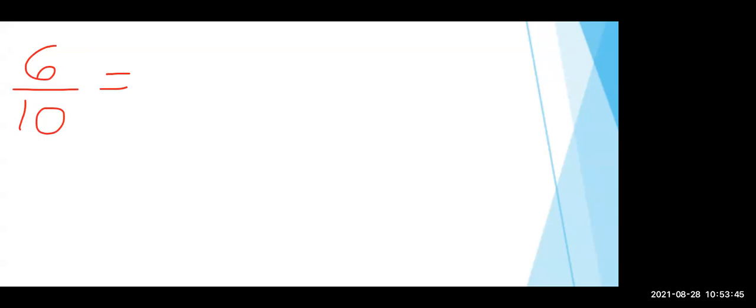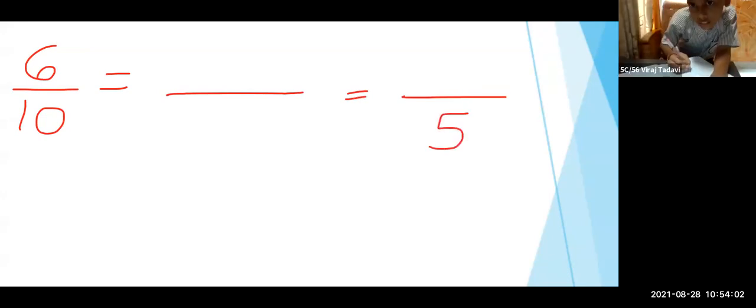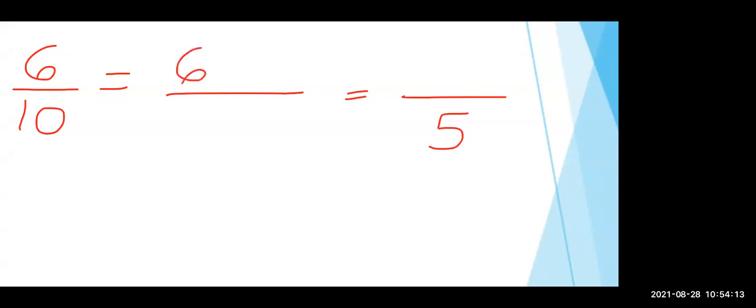First will be 6 upon 10 equal to, then equal to dash upon 5. Okay, tell me the next step. First you will write 6 and 10 here. Okay. 6 upon 10 I will write.